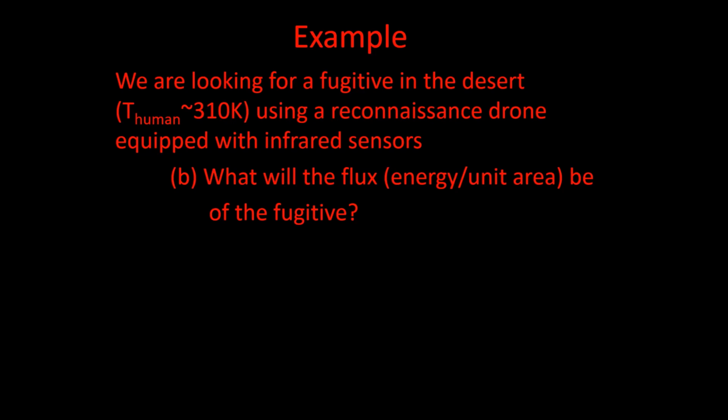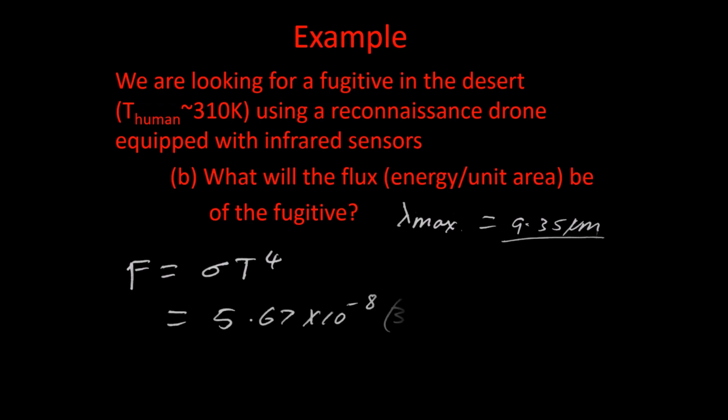So what we really want to find is what will be the flux of this particular fugitive. Well, lambda max is 9.35 microns, we know this, and flux is sigma T to the 4. So do we need lambda max? Not necessarily. Our temperature is 310 Kelvin. So the temperature gave us lambda max, it's also going to give us the flux.